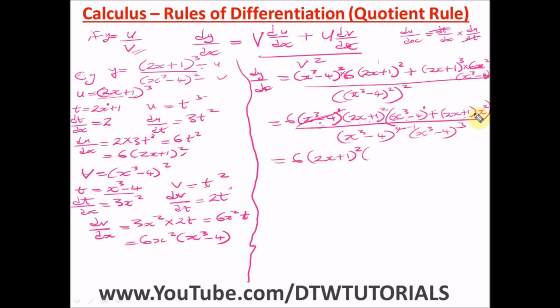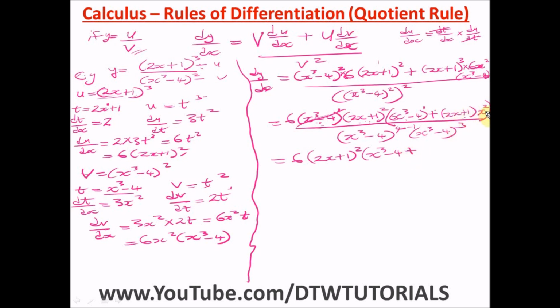Then let us open up the bracket here. We have (x^3 - 4). This x squared times this, open up the bracket, so we have a plus. Since this is a plus, it won't affect anything much here.